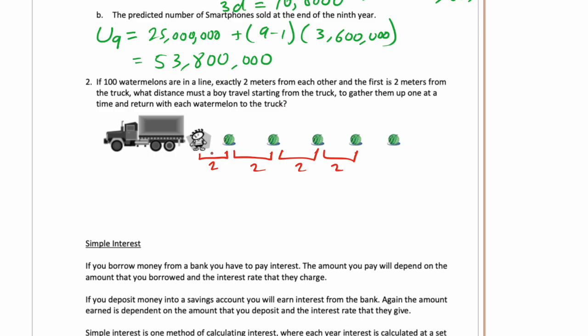You might think the common difference is 2, but he has to go to the watermelon and then come back. So the first trip takes 4 meters, and the second trip takes 8 meters, and then it's 12 meters, and so on. So the common difference is actually 4.